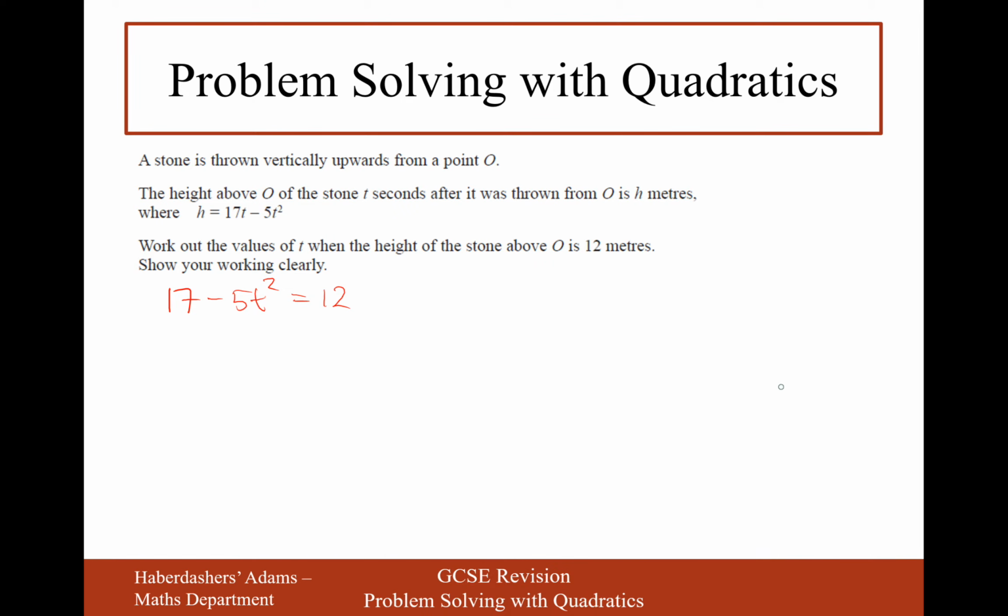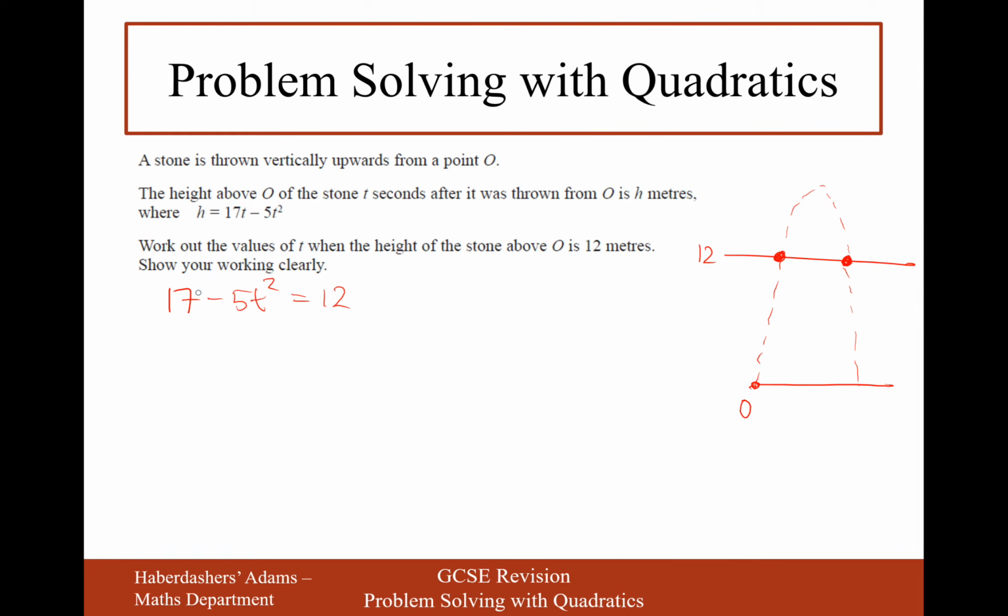Now what I might get here is I might get 2 solutions. If this is my point O and the stone gets thrown upwards and then downwards, when it's at a height of 12, it might have 2 points in time at which the stone is 12 meters above the ground.